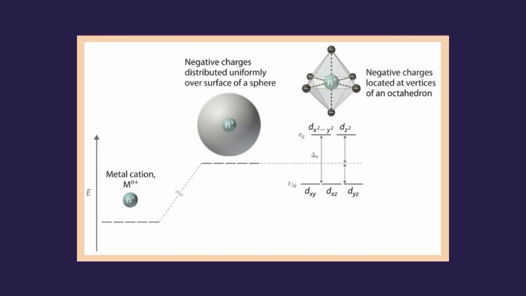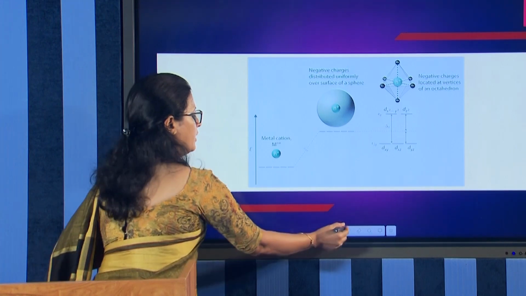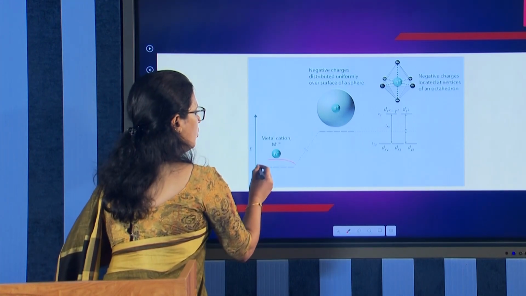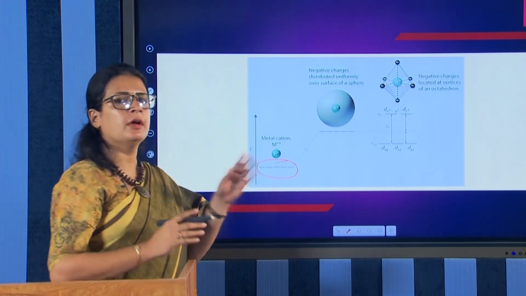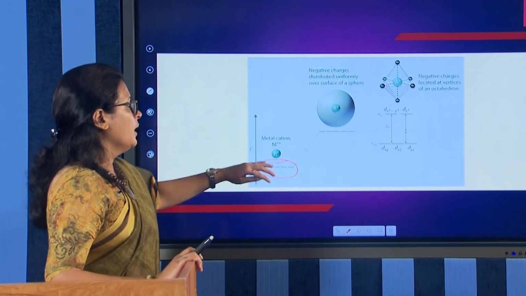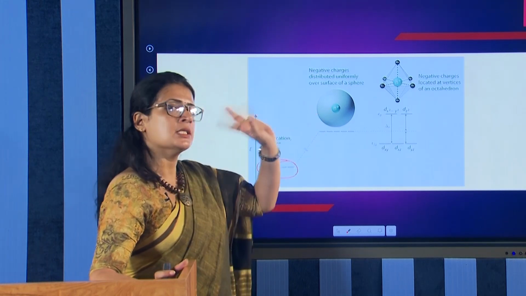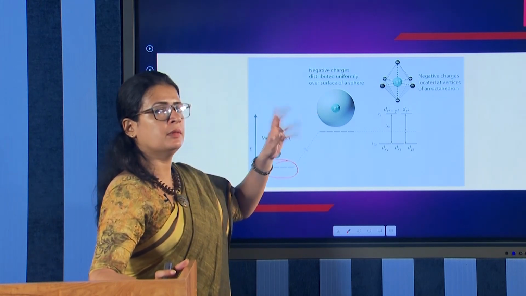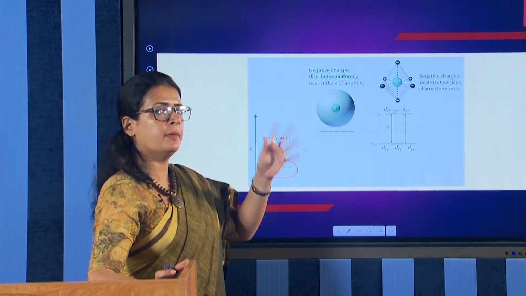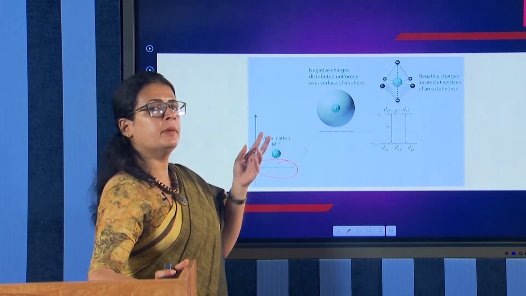We know that in our central metal atom, we have 5 d orbitals, all of them degenerate, having the same energy. Now, this is a hypothetical situation, where the metal atom is spherically surrounded by the ligands.